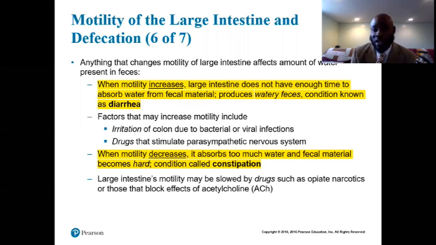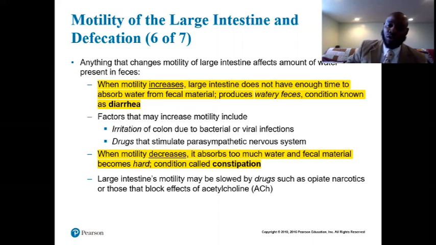The reverse can also happen. Feces spends too much time in your large intestine. Therefore, more water is absorbed from that feces than normal, and it becomes hard. We like it to be kind of soft, a little solid, but kind of soft.